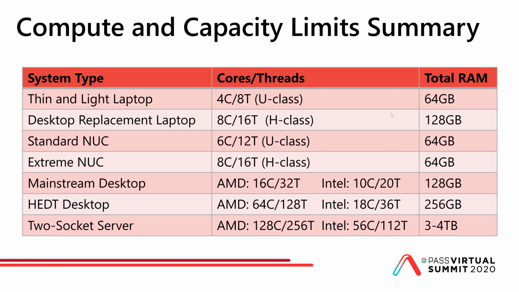And then you can go Intel, stops at 18 cores and 36 threads. Both of those can go to 256 gigs. And then finally, a new current generation 2-socket server. AMD can do 128 cores, 256 threads. Intel can only do 56 cores and 112 threads. And then you have anywhere from 3 to 4 terabytes of RAM, depending on what kind of memory you're using and what vendor it is.